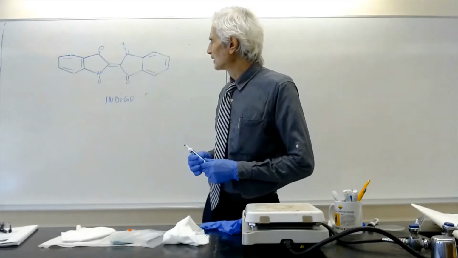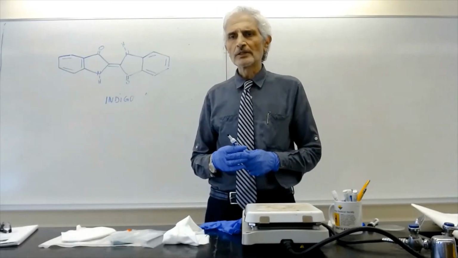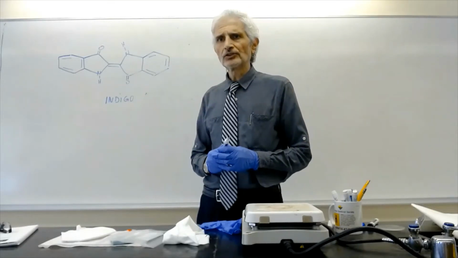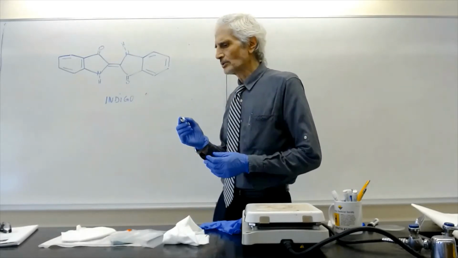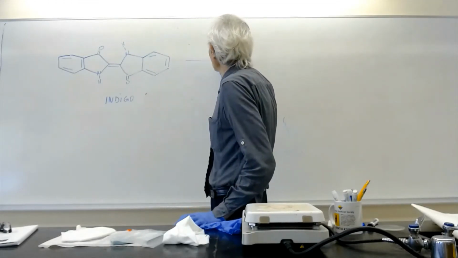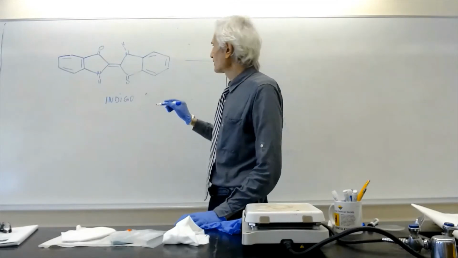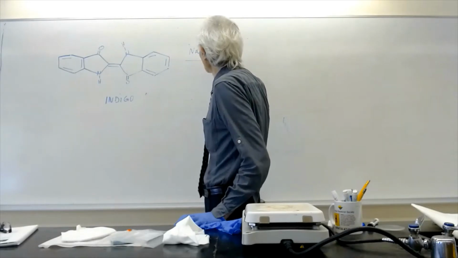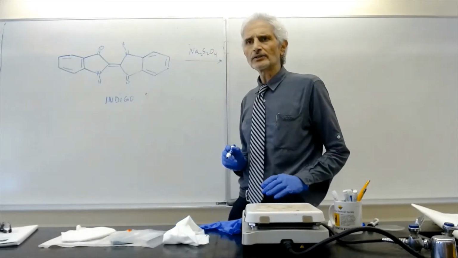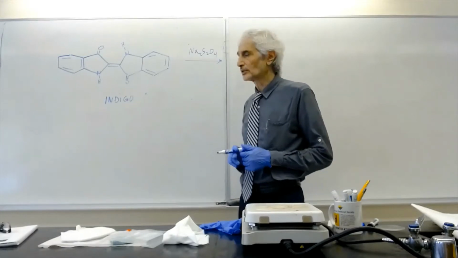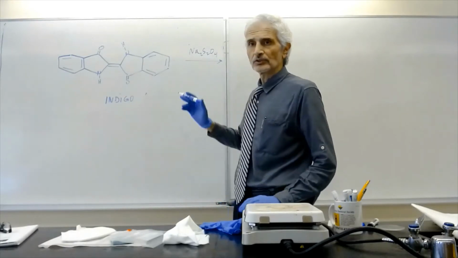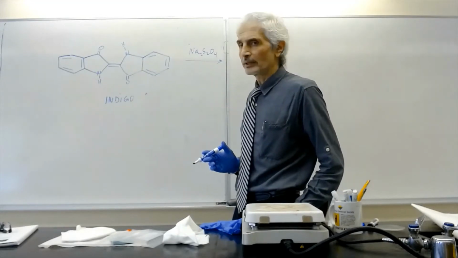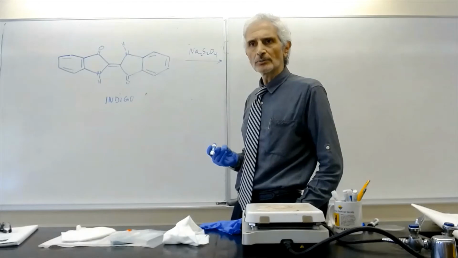So the way to do this is to convert it into a soluble dye by treating it with sodium dithionite, Na2S2O4, and that's in your textbook. You can review it. This compound is a reducing agent, and will reduce this indigo into a soluble dye.